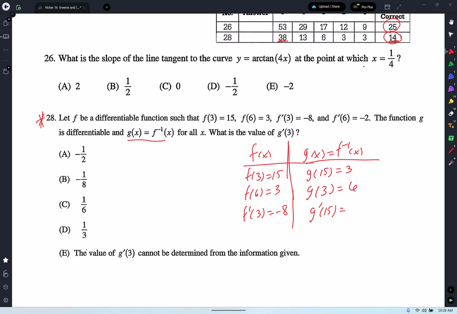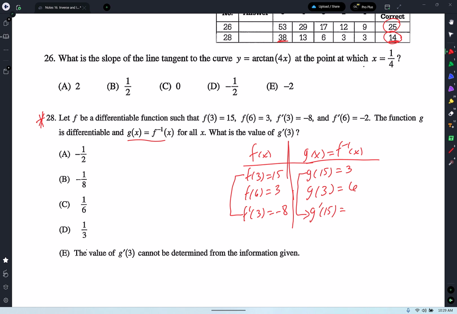So let me talk about this. Why? Because maybe we don't know that. Guys, we know f of 3 equals 15, so we know g of 15 equals 3, right? So if you know f prime of 3, then you know g prime of 15. These two are related, so these two are related as well.